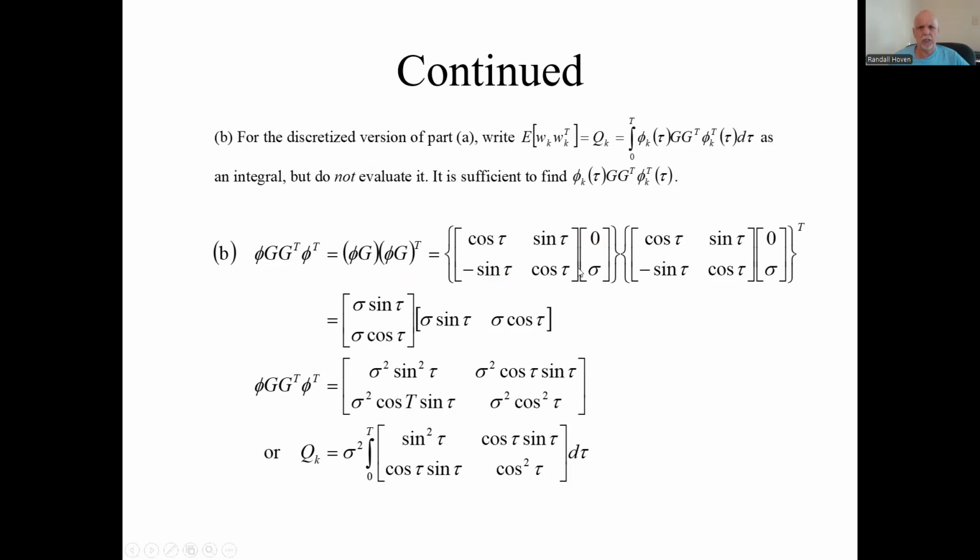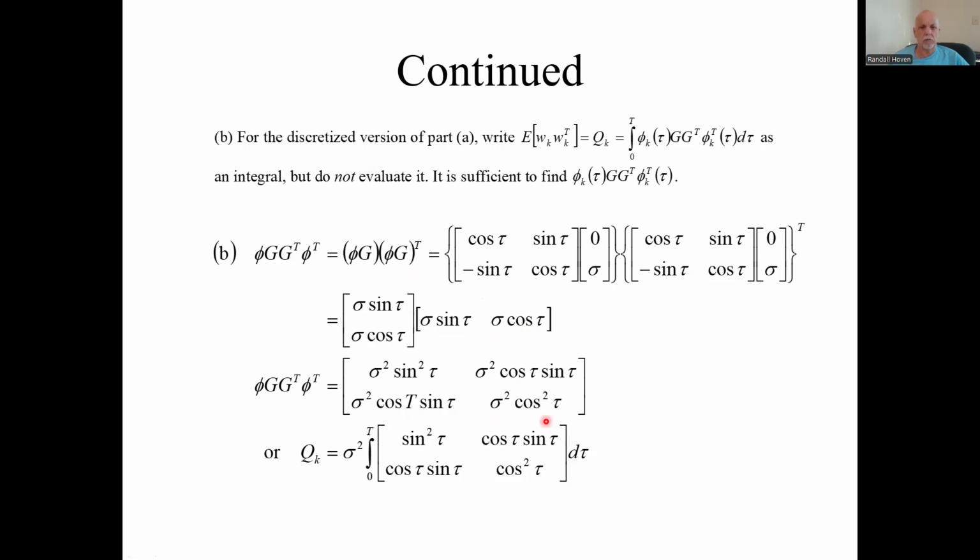That's going to be sigma times sine tau, 0, and then sigma times cosine tau. Multiply it by its own transpose. I'll have sigma squared sine squared up here, sigma squared sine cosine on the off diagonals, and sigma squared cosine squared down here.